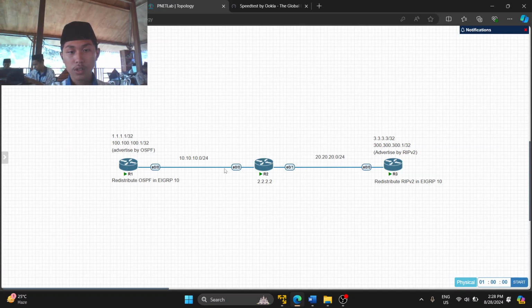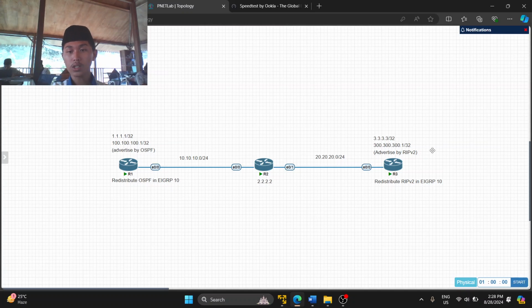And then for interface E0/0, it will use IP address 10.10.10.2 prefix 24. And then for interface E0/1, it will use IP address 20.20.20.1 prefix 24. All of the IP addresses will be advertised by EIGRP.